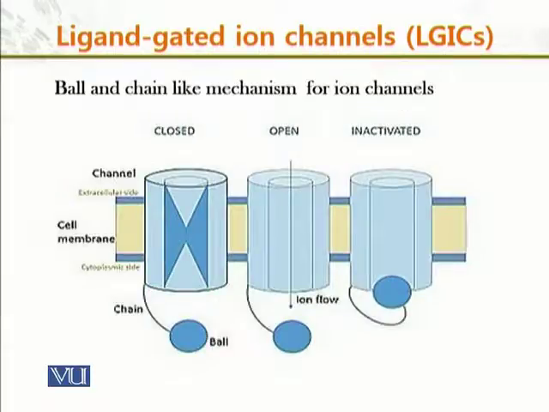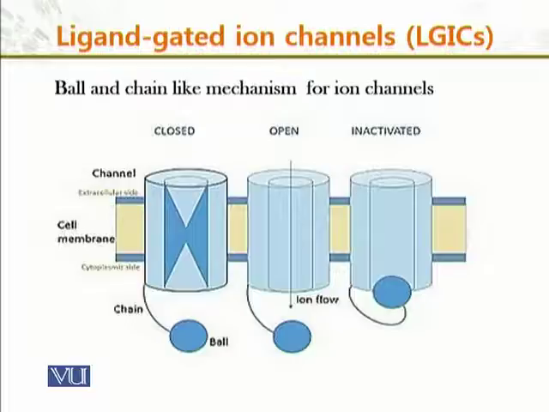Now, this is the ball and chain like mechanism for ion channels as we discussed. You can see there is a ball and a chain. When the channel is closed, the blue area is closed and the ball is at one discrete end. When it is opened, the ball is removed and the channel is opened.